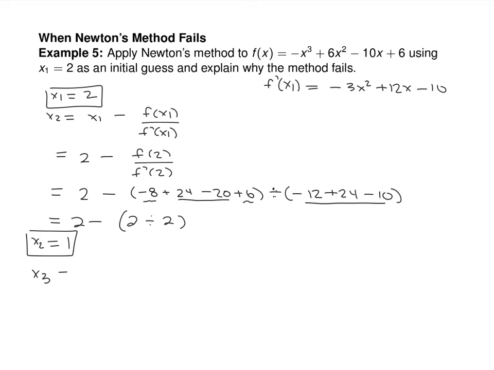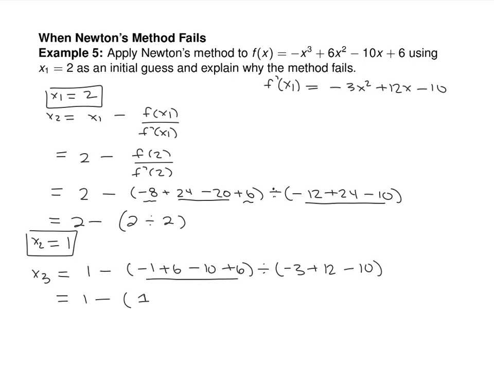So x3 will be 1 minus negative 1 plus 6 minus 10 plus 6, divided by negative 3 plus 12 minus 10. What does this bit add up to?